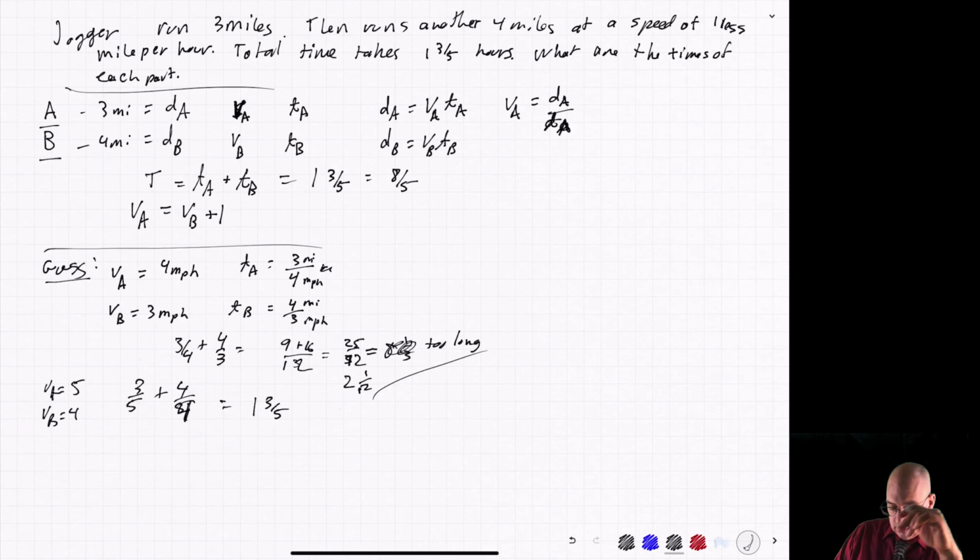Oh, is that really true? 3 miles divided by the velocity 5 is 3/5 plus 4 divided by 4, which is 1. Well, I guess I solved the problem.